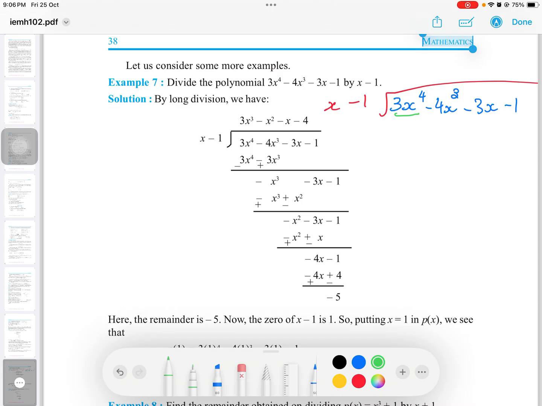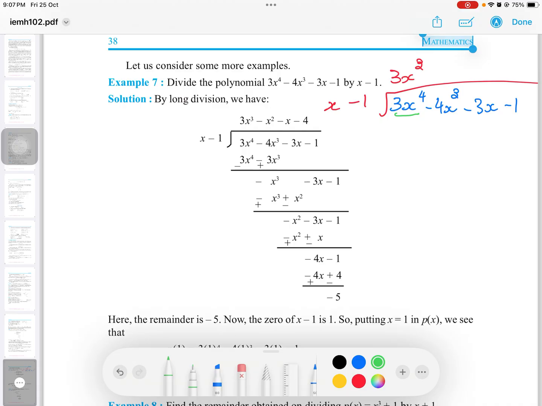It's 3x power 4 and the first term of the divisor, that's x. Now with what number should I multiply x to get 3x power 4? What is it? Okay, now x times 3x power 3 would give me 3x power 4. Am I correct? So I will write 3x cube.